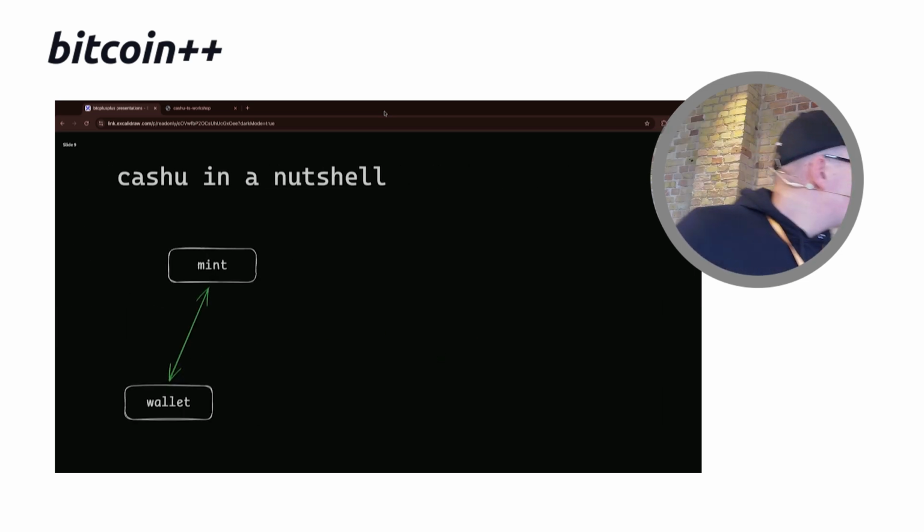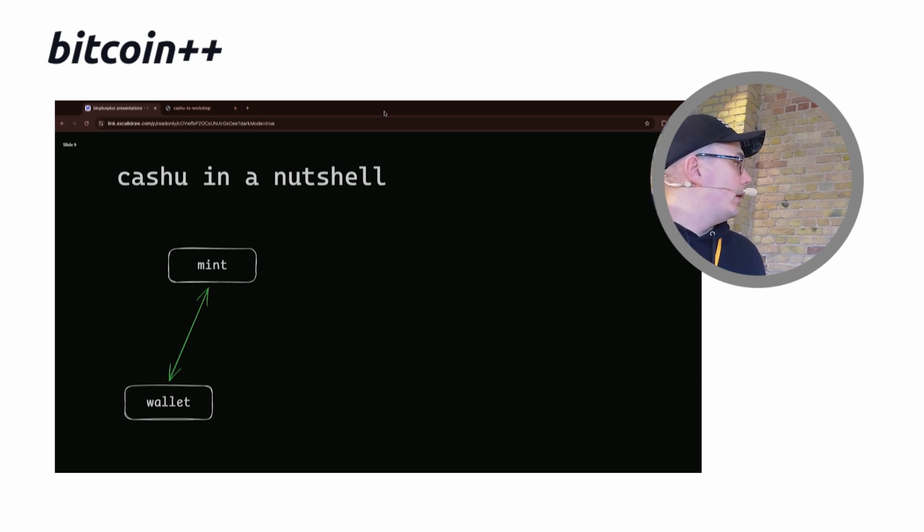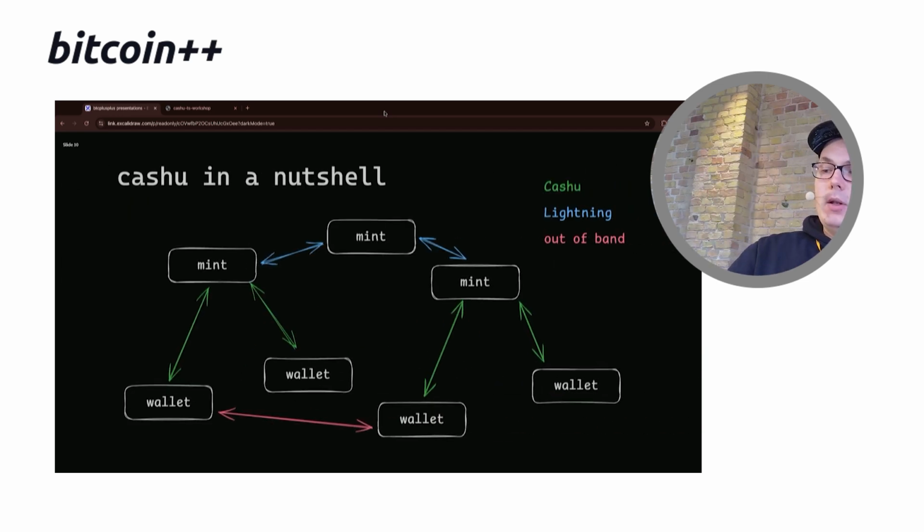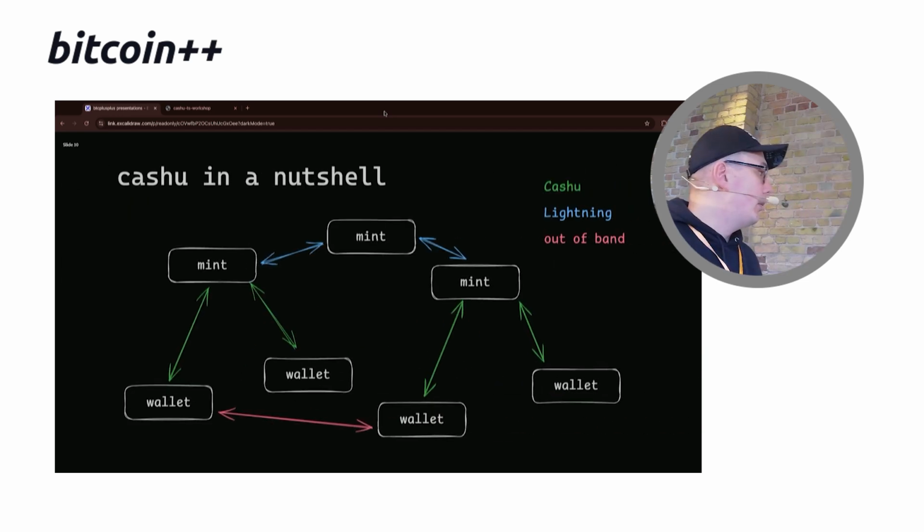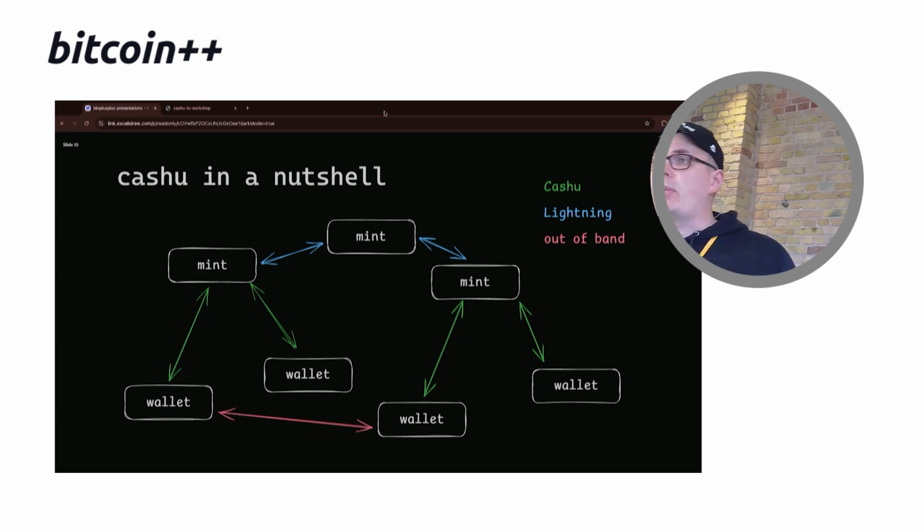This is the usual interaction that you will see when building Cashu stuff. You have a wallet that talks to a mint, but obviously the ecosystem has a lot more happening. Wallets can send directly to each other. Mints can maybe settle debts between mints.